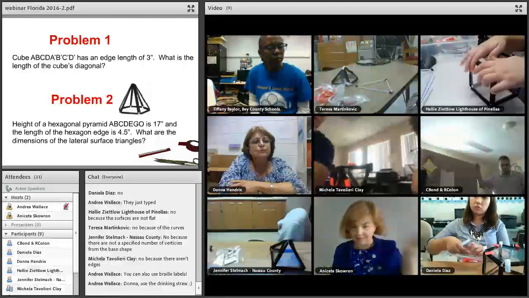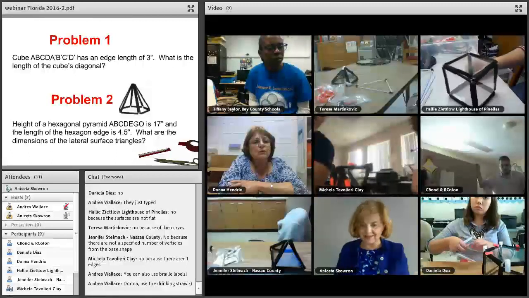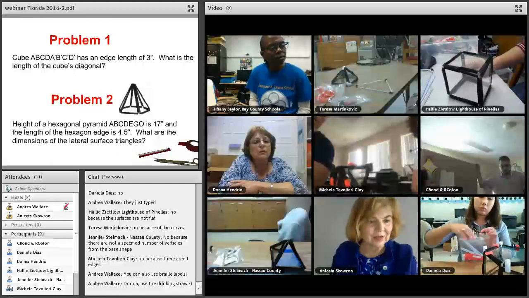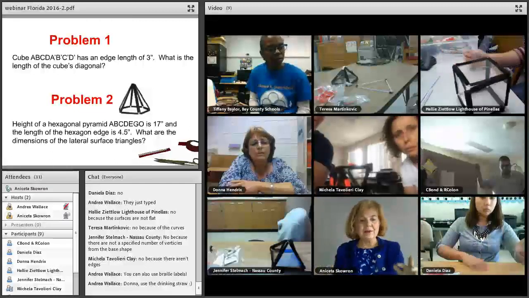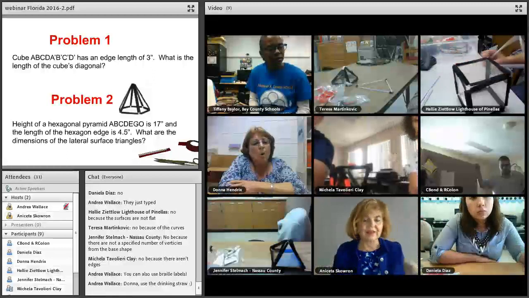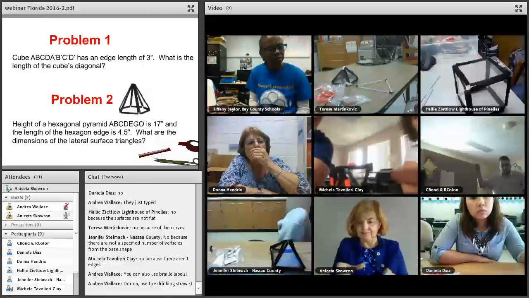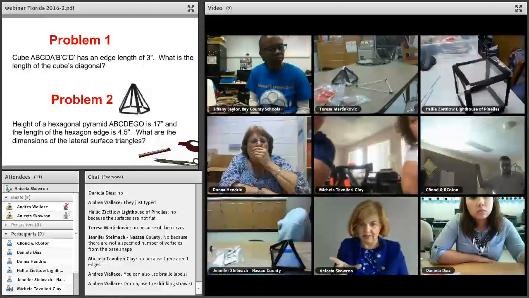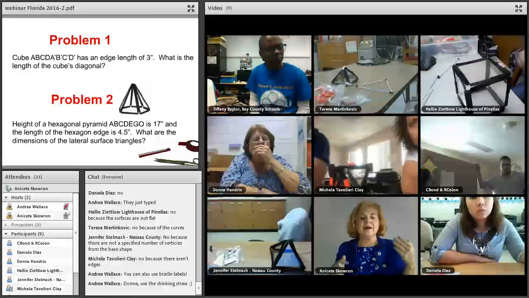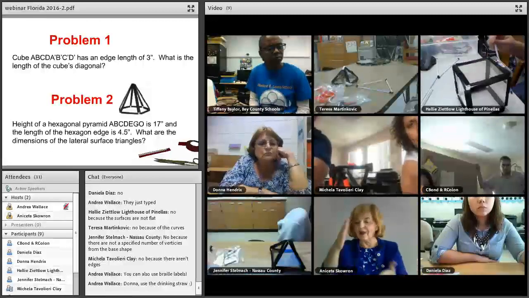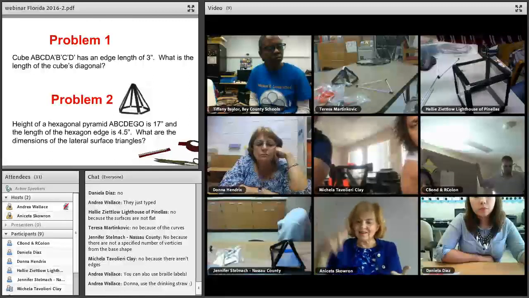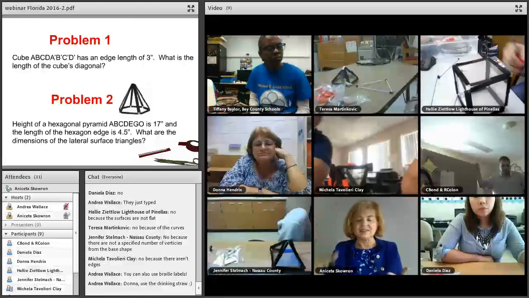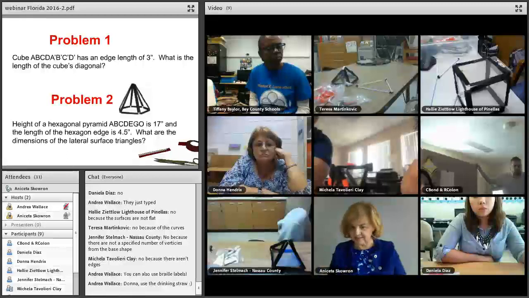If you don't like this problem, you can pick the next one. In the next one, you have a hexagonal pyramid, okay? And you are given the length of the edge of the hexagon. I want you to find the triangle that gives the dimensions, so either the height or the edge, whichever is easier for you.